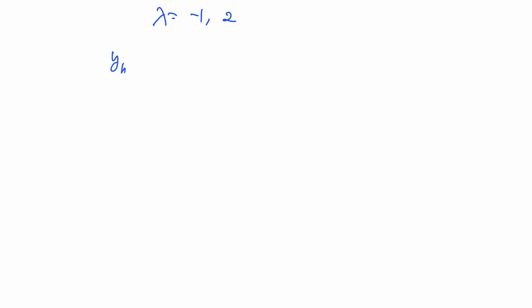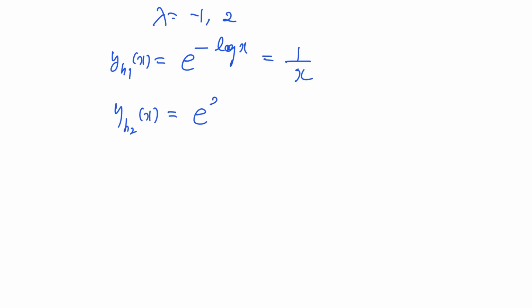So λ is minus 1, 2. So yh1(x) is exponential of λ log x, which is 1 over x. yh2(x) is exponential of 2 log x, which is exponential of log x squared. This is natural log, of course.